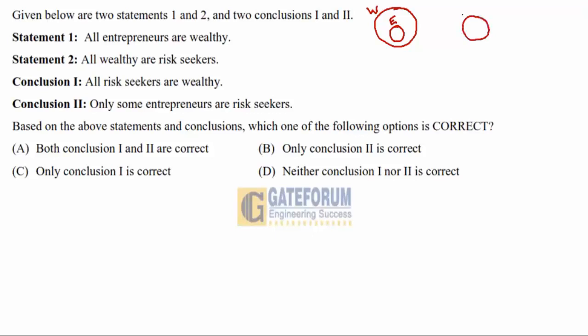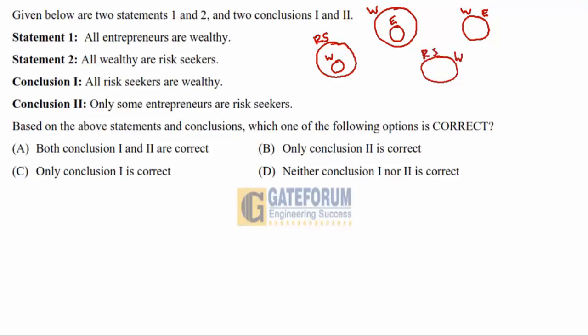There could be another Venn diagram. Second one, all wealthy are risk seekers. It could also have been this, all wealthy are risk seekers.